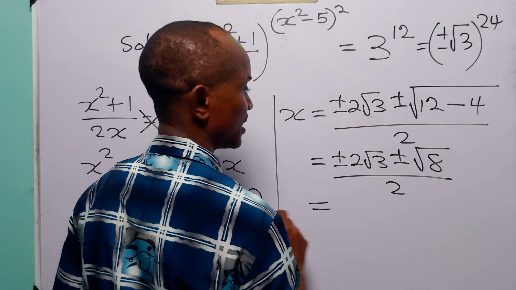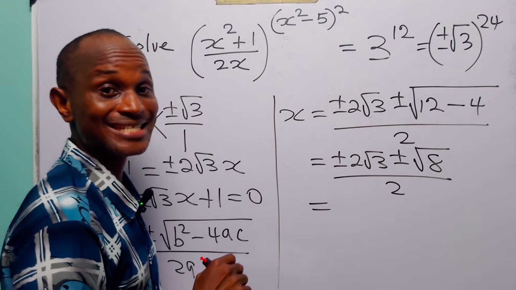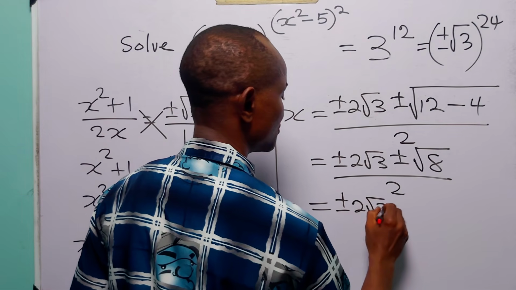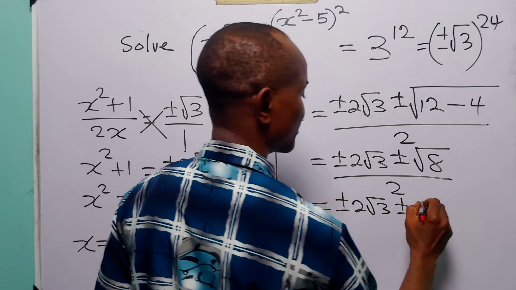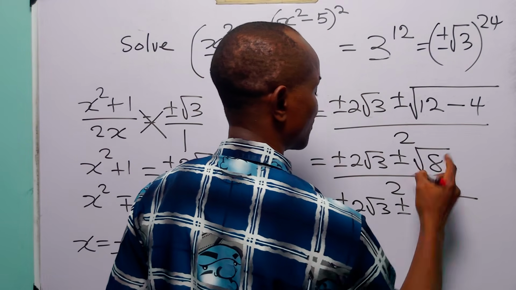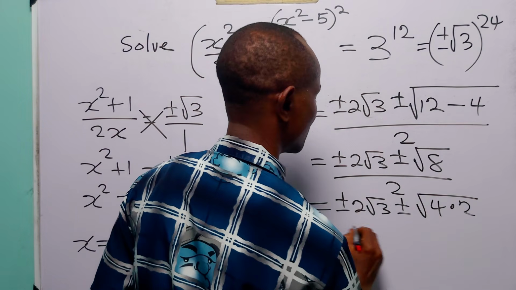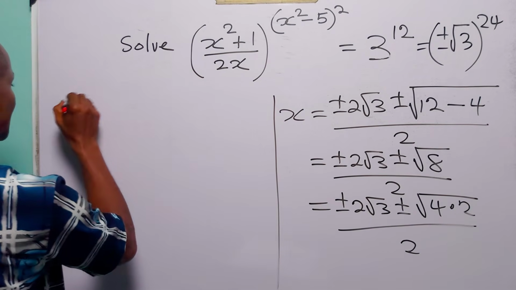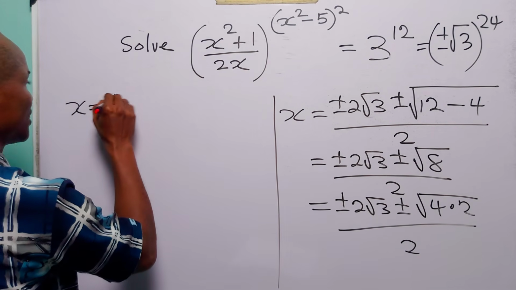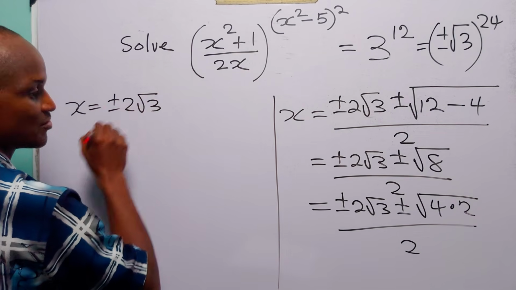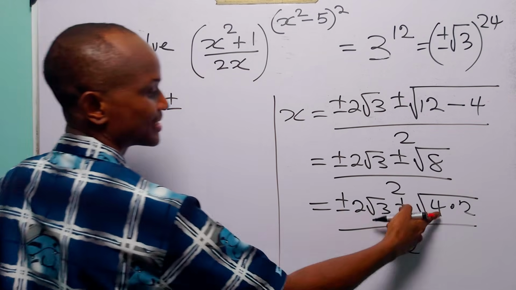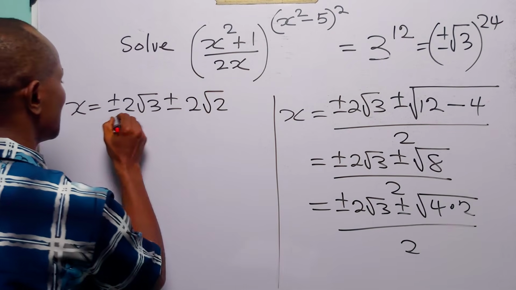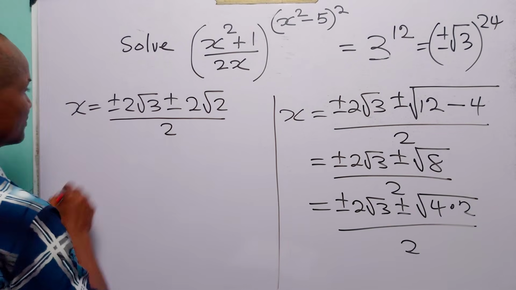Now there is a square inside 8, that is 4. So we can write this as plus or minus 2 root 3 plus or minus root 4 times 2, divided by 2. And from here we have that x is equal to plus or minus 2 root 3 plus or minus the square root of 4, which is 2, so here we have 2 root 2, all over 2.